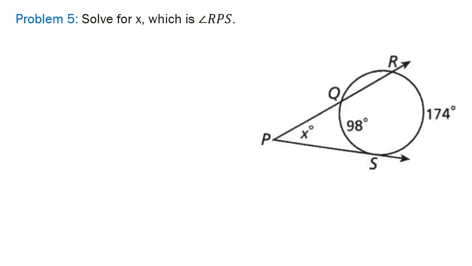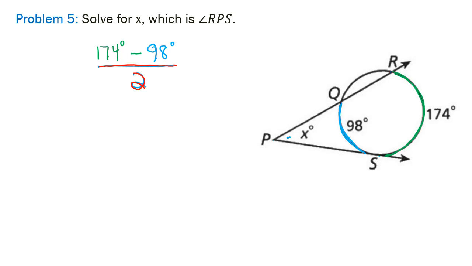So let's take a look at an example. It wants us to solve for x, and by solving for x, we're really finding the angle measurement of RPS, so we're finding this measurement right here. So we just follow what we do. We take the big arc length here, 174 degrees, subtract this arc length right here, which is 98 degrees, and then we just divide it by 2.